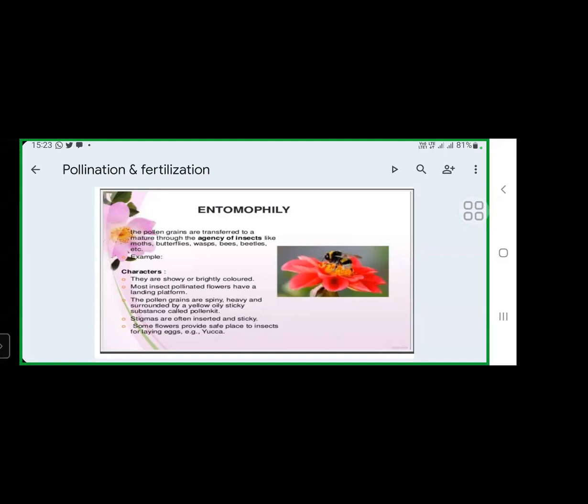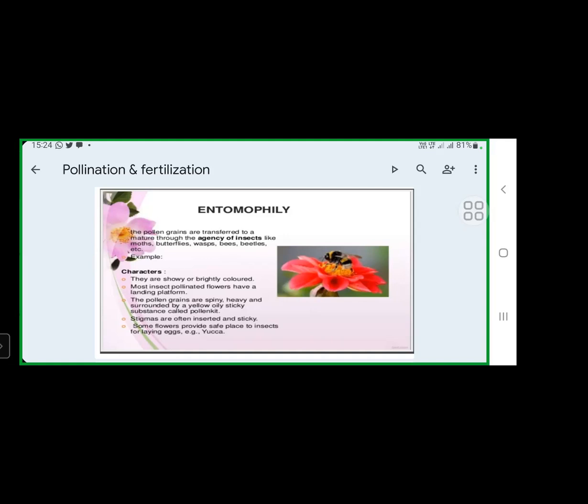Most insect-pollinated flowers have a landing platform. You can observe this red flower, where the insects are landing. The pollen grains are spiny, heavy, and surrounded by a yellow oily sticky substance called pollenkitt. The pollenkitt is also a very important factor in entomophilic pollination.